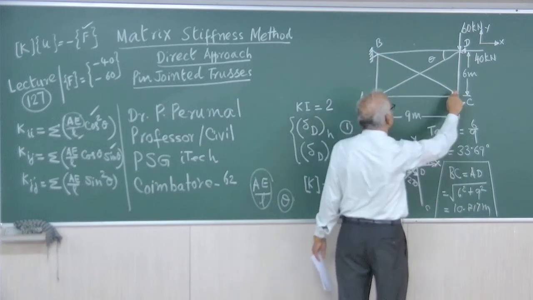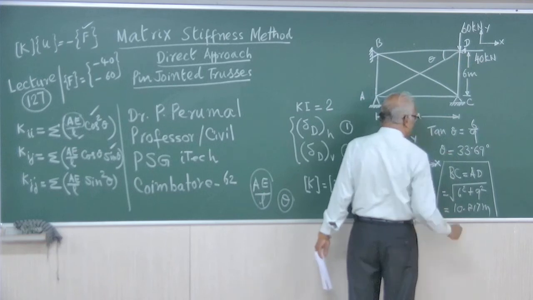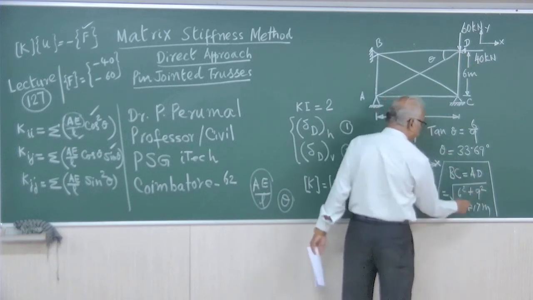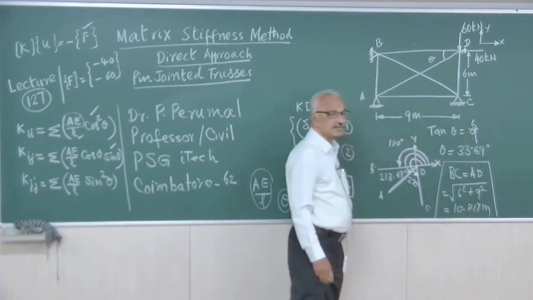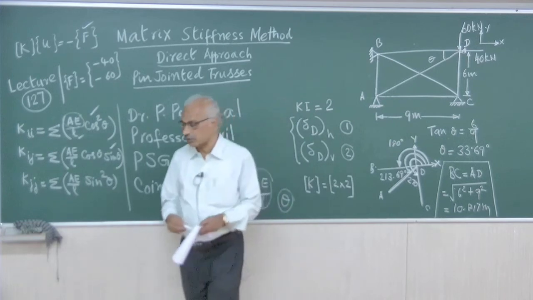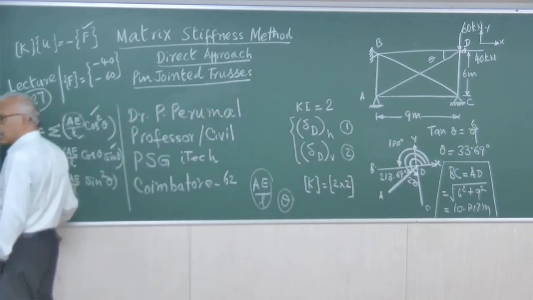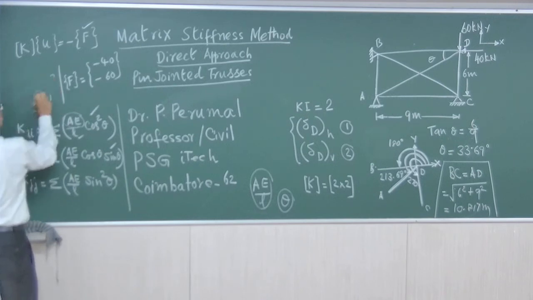Coming to the diagonal members, namely BC and AD, BC equal to AD equal to root of 6 square plus 9 square equal to 10.817. So, we have to be ready with all these basic values. Then the tabulation will be easier.